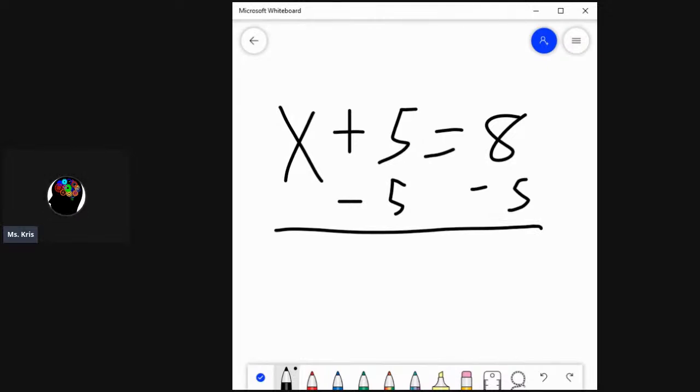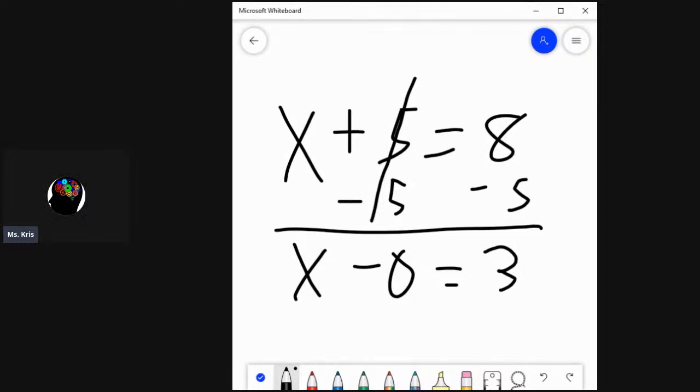And of course, once you do that, you bring down your x. Then for the plus 5 minus 5, you could either cross that out or do minus 0. Equals 8 minus 5. 8 minus 5, that is 3.